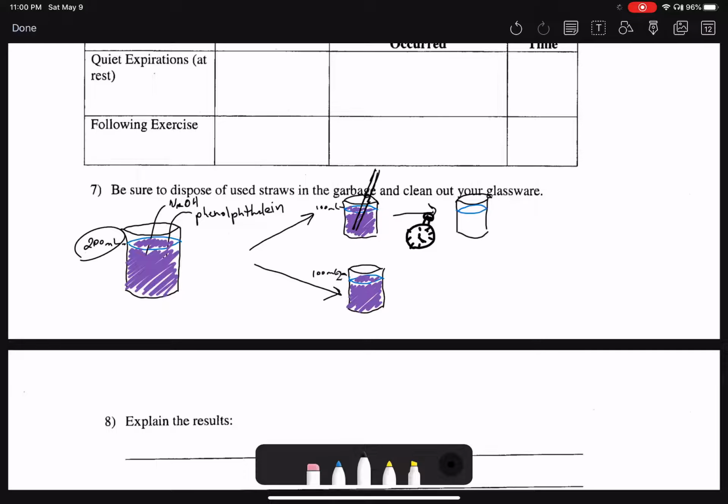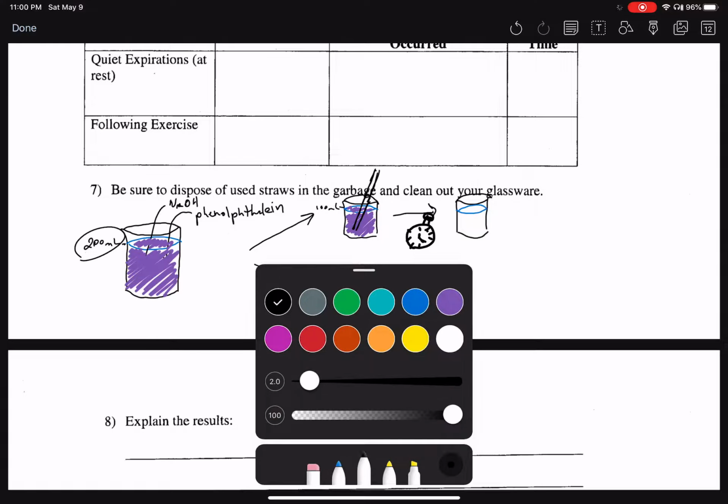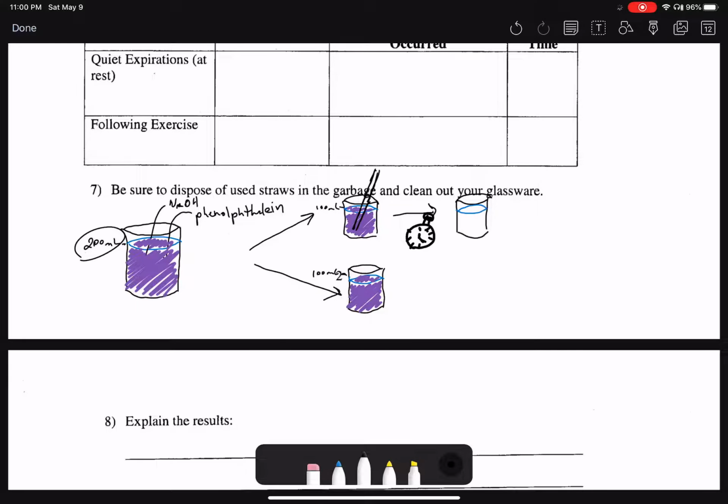Now, we do the same thing, except that same person that just exhaled into the other solution is going to exhale into this beaker with the same solution, with the sodium hydroxide and phenolphthalein dissolved within it, after 2 minutes of vigorous exercise.